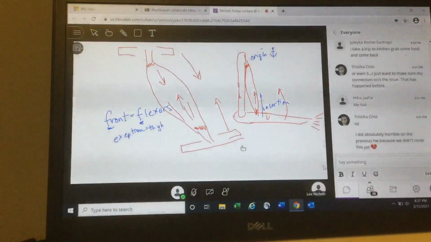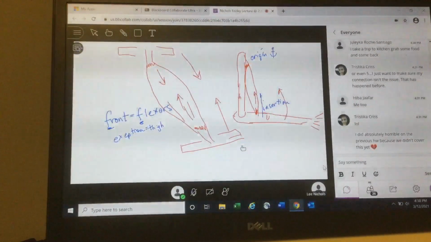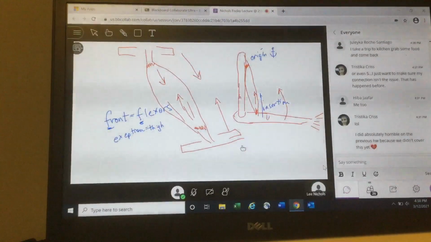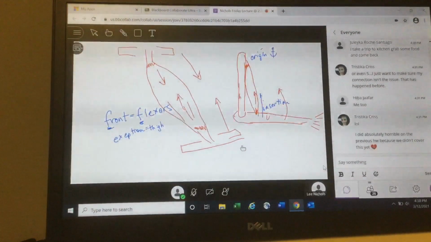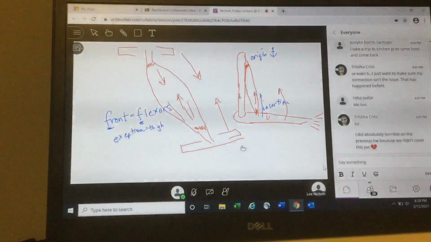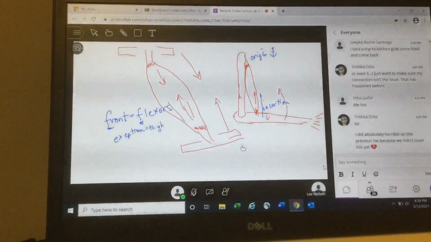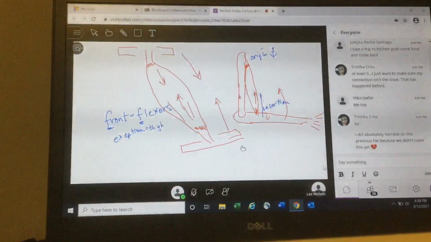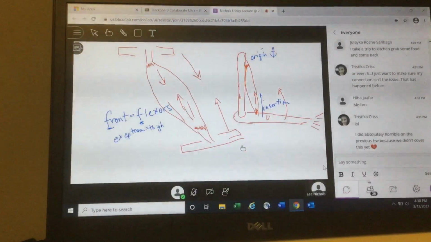Abdominal muscles on the front flex your torso. Muscles on the front of your arm flex your forearm. Muscles on the anterior of your forearm flex your wrist and fingers. Muscles on the back are the extensors. So extending your wrist and extending your fingers are muscles that are on the back of the arm and the forearm.